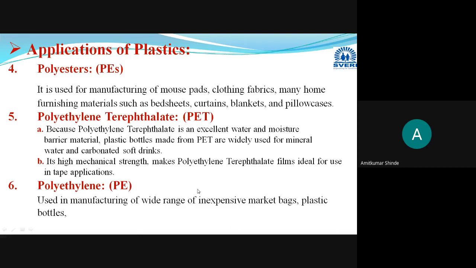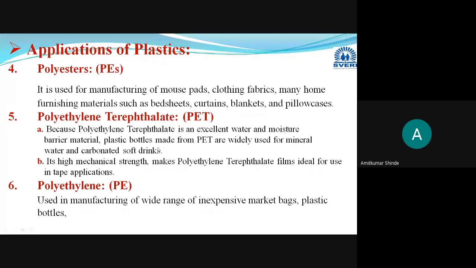Then next is PET, that is polyethylene terephthalate. This polyethylene terephthalate has excellent properties, like it will act as a barrier material for water as well as for moisture.